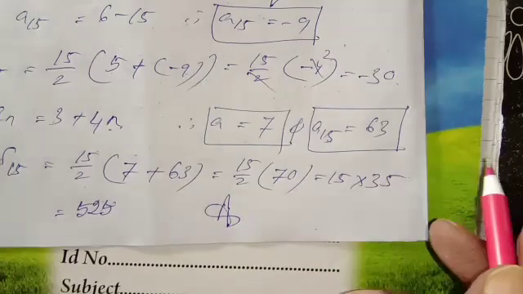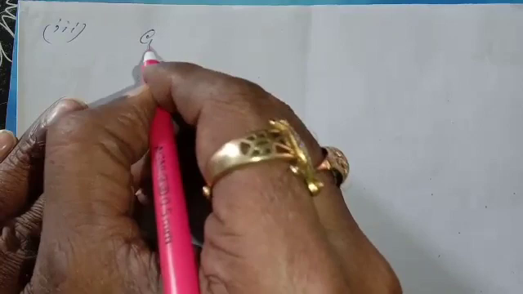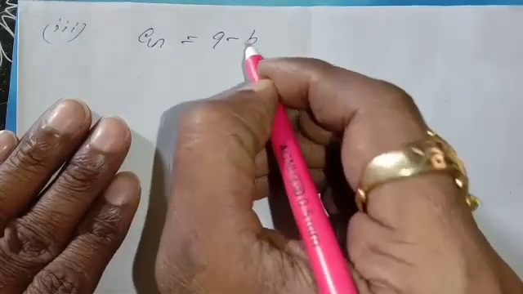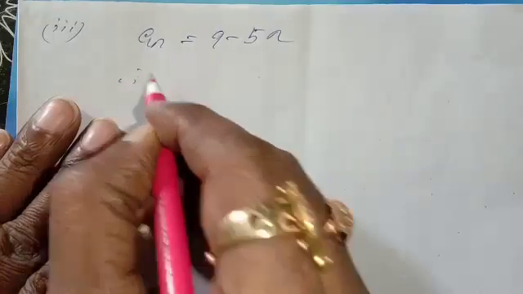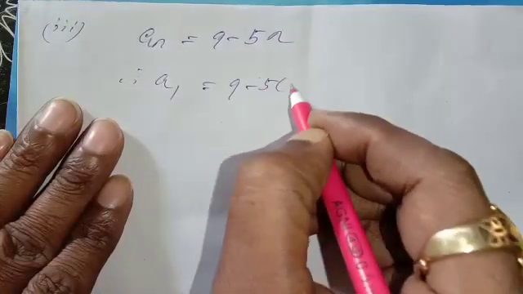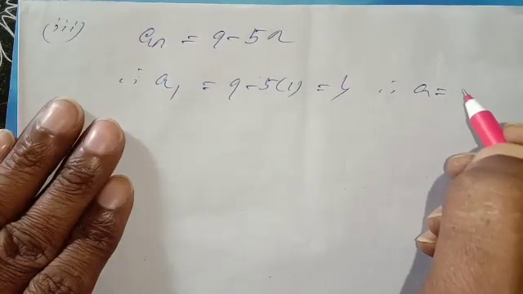Let us go to the third part, where the nth term is given as 9 minus 5n. Then I can find a, that is a1, by putting n equal to 1: 9 minus 5 into 1 comes to 4. Therefore the first term is 4.